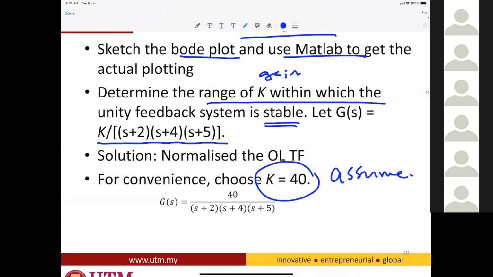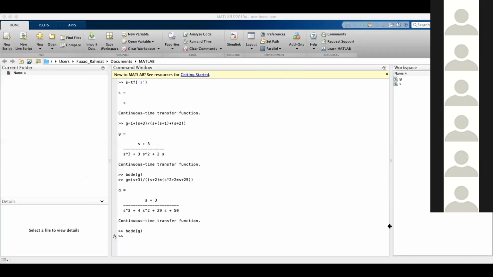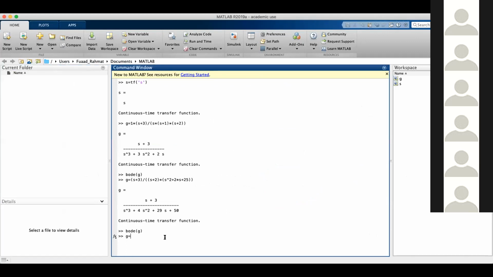Okay. So we plot it using MATLAB. G is equal to 40 divided by (S plus 2)(S plus 4)(S plus 5).